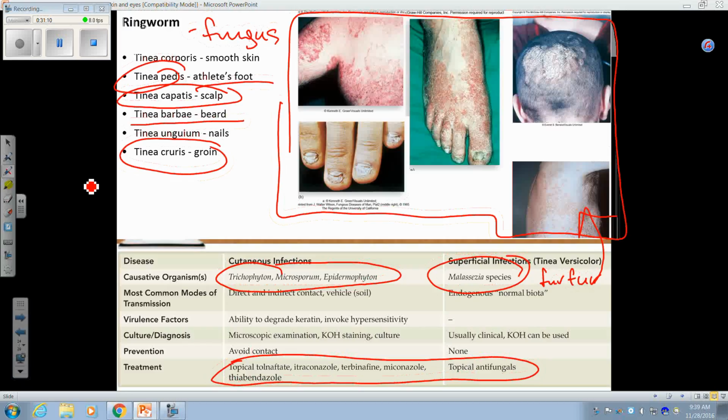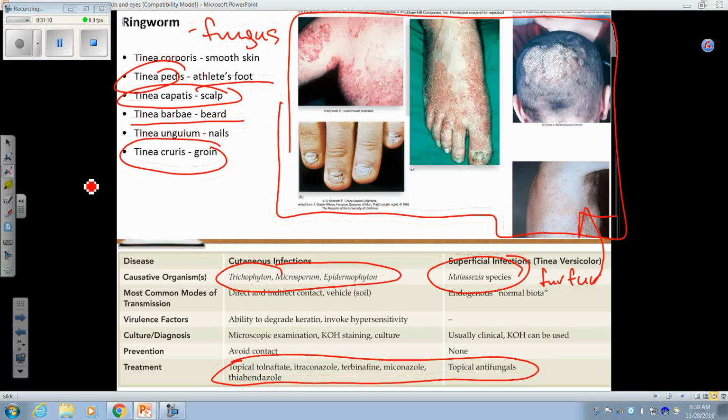Okay, so when I was a kid, I actually was on a swimming team, and before being allowed to go in a pool, you have to get a doctor's note, and they will check your feet, and they will state that you don't have athlete's foot.